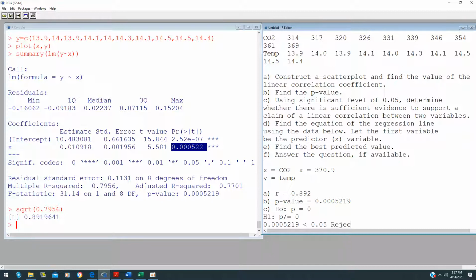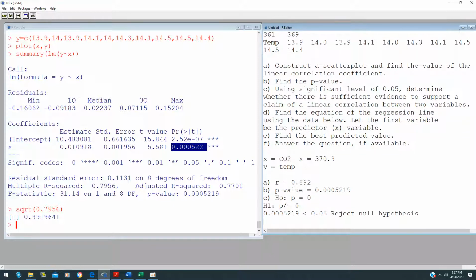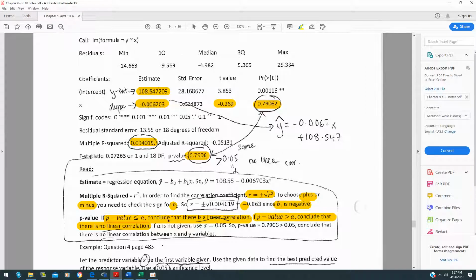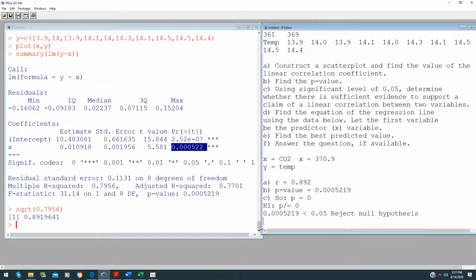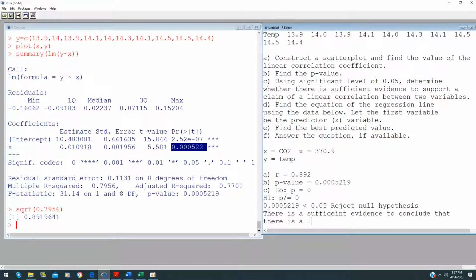So we will reject your null hypothesis. Since we reject the null hypothesis, or since your p-value is less than alpha, you can conclude that there is sufficient evidence of a linear correlation in this case between the two variables we have, CO2 and temperature.